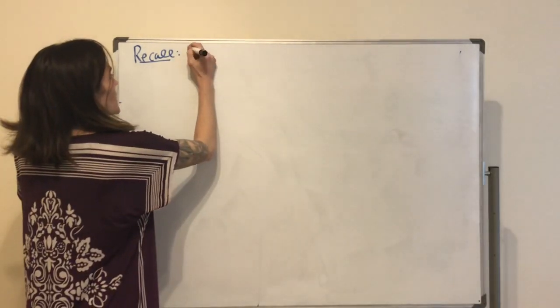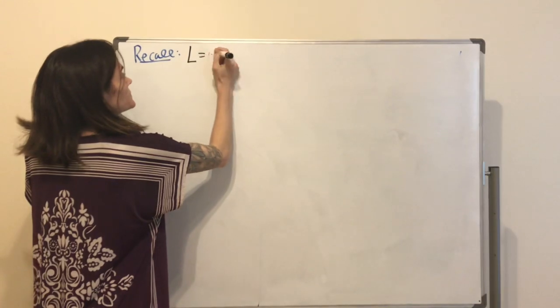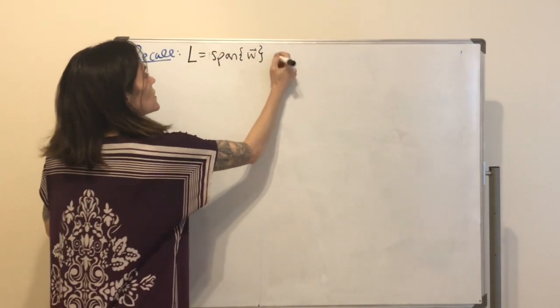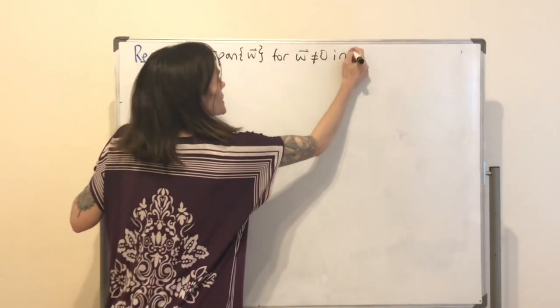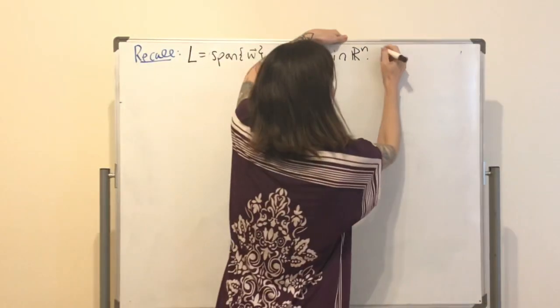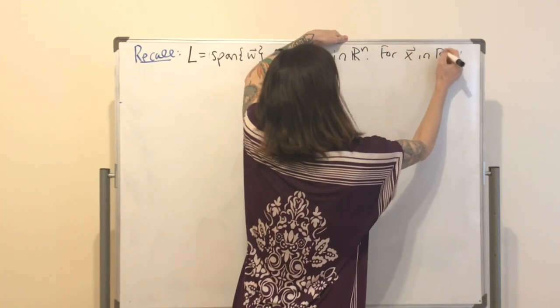So, what is this? Well, if L is the span of a vector W for W not equal to 0 in Rn, then we take some vector X in Rn.